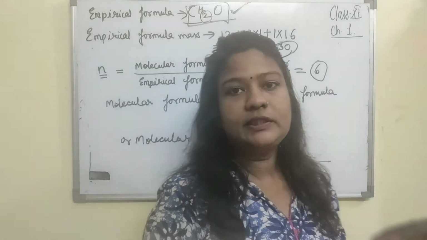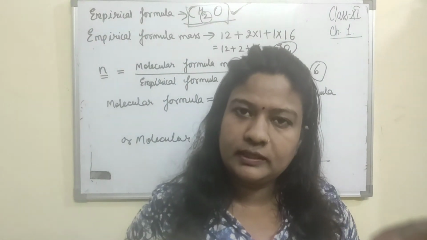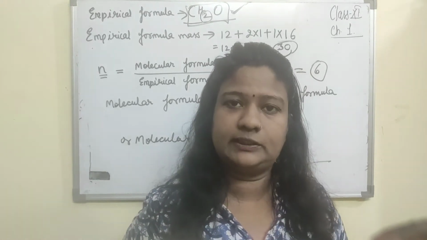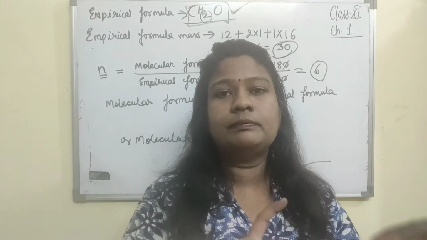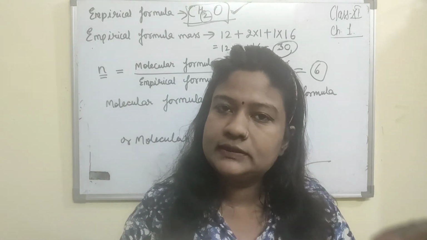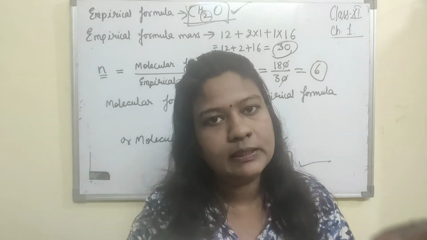Correct? So these 5 steps you have to follow to calculate the molecular formula which was asked in your question. First step was to divide the percentage abundance by the atomic masses of the elements present in the compound.